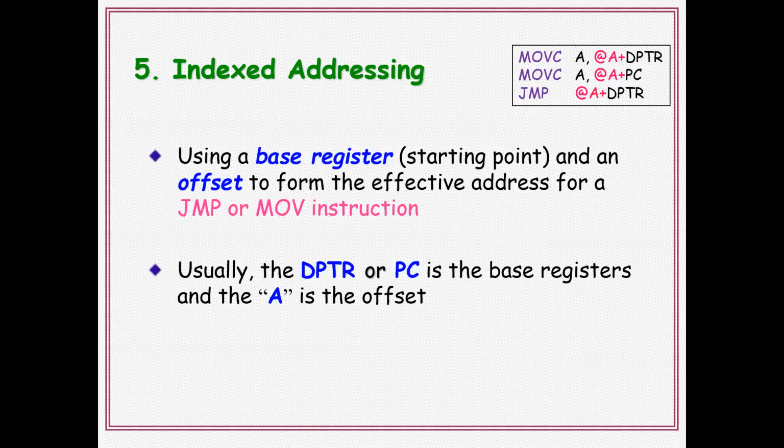Usually the DPTR or program counter is the base register, and the accumulator A is the offset register.